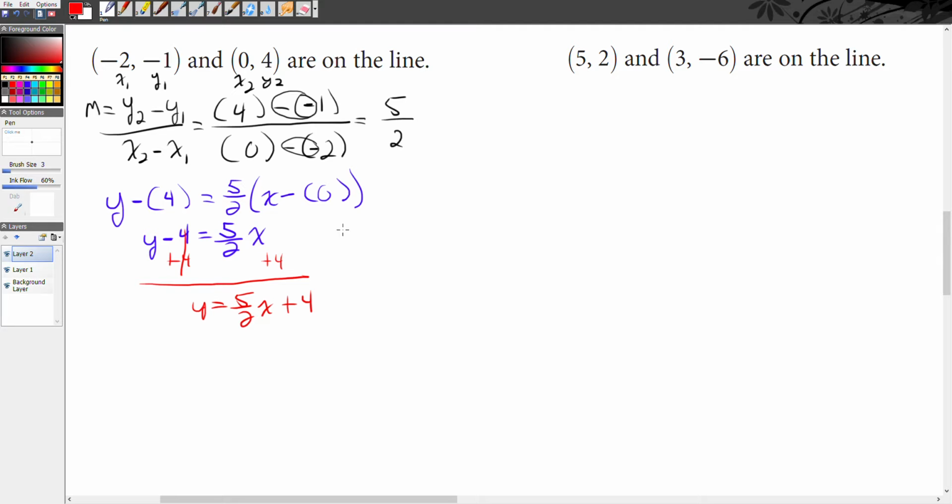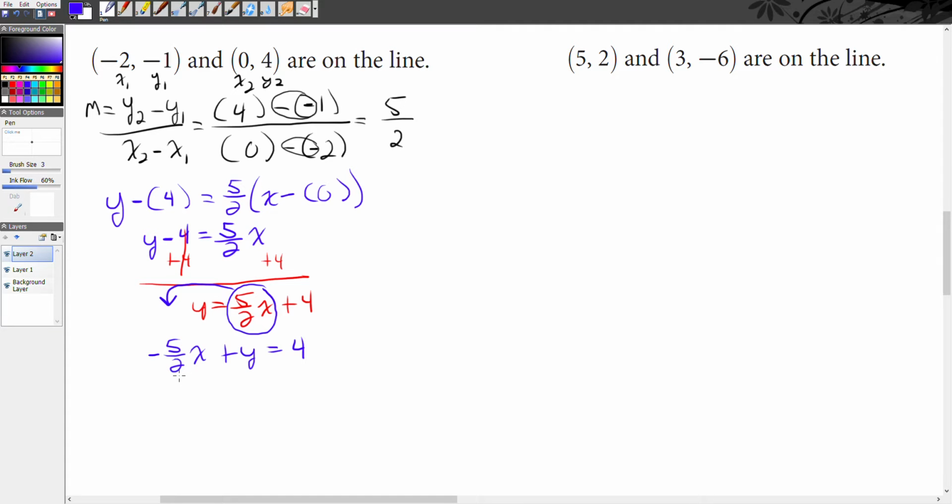Okay? Now that's in slope-intercept form, and I want to put this into standard form. So I need to take positive 5 over 2x, and I need to move it here. This makes it a negative 5 over 2x plus y equals 4. Now, there's a problem here.